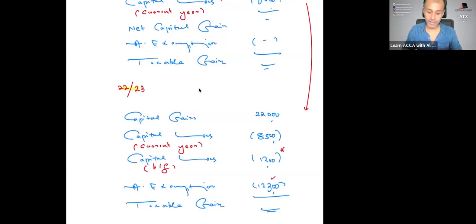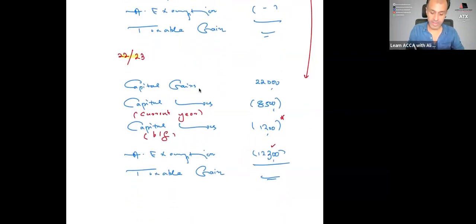I have been able to write the capital gains of this year, current year capital losses, and then exemption, which comes next to brought forward loss. But I have been able to write them in advance so that I get to know the amount of the loss brought forward that I can possibly relieve, which is 1200. Any amount of the loss that's still not been relieved, like out of 5,000, if 1200 has been relieved, 3800 will still be carried forward because it's an indefinite number of years.